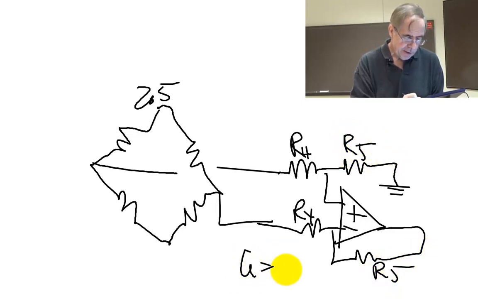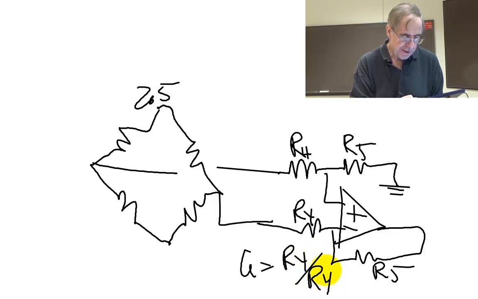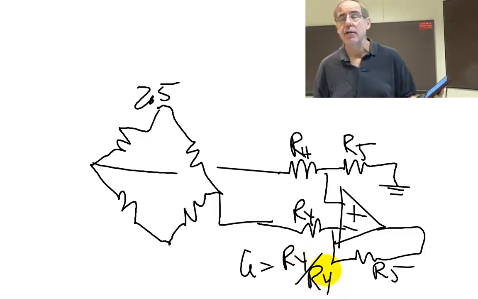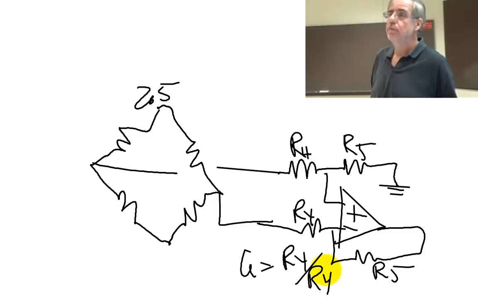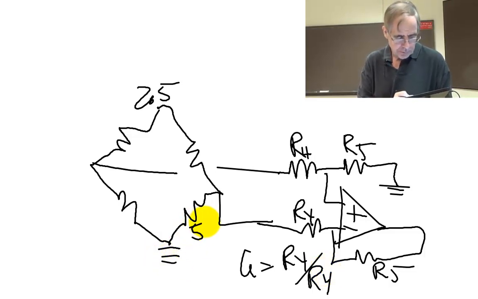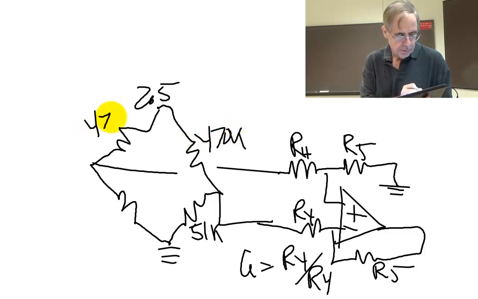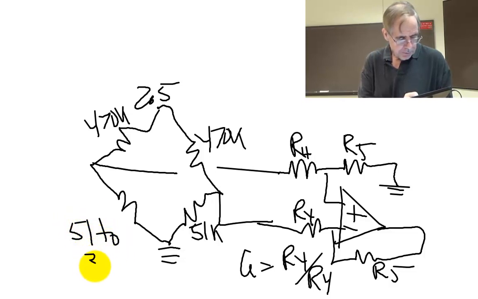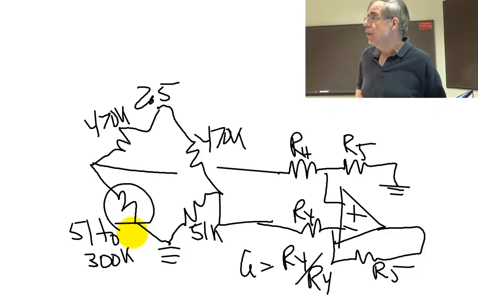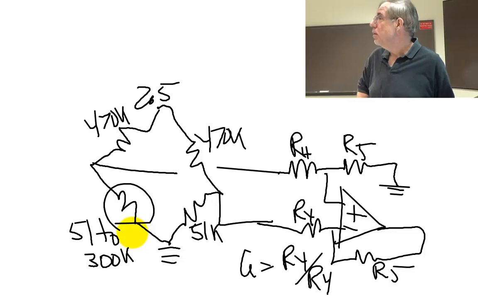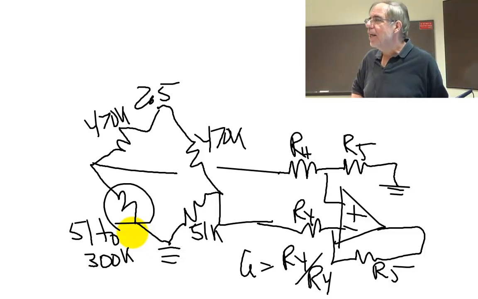And the gain here is R5 over R4. That's the regular differential amplifier. If I built this circuit, it wouldn't work. Why? I just violated the rule.